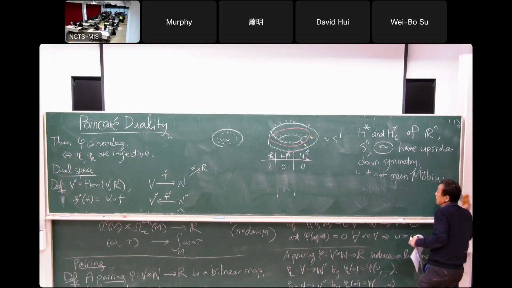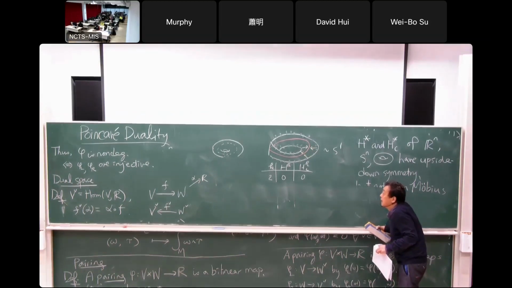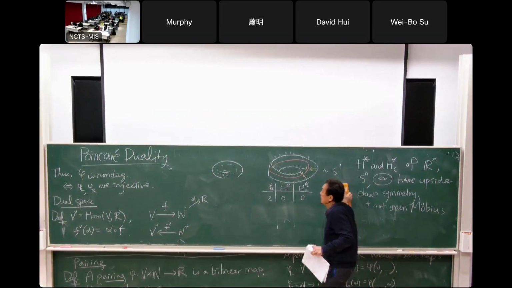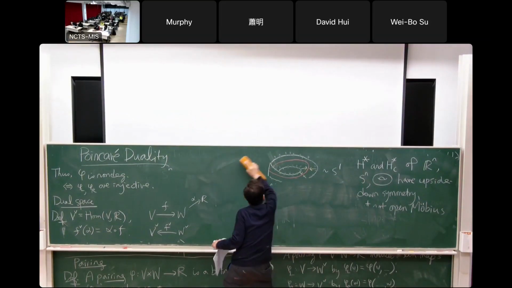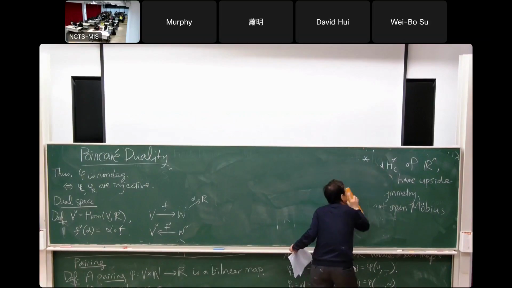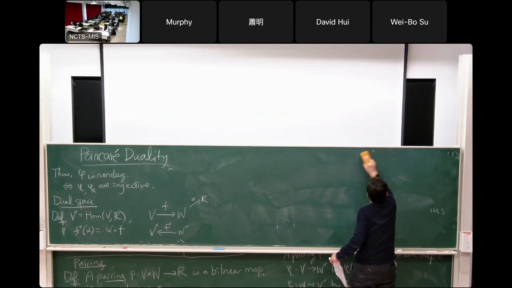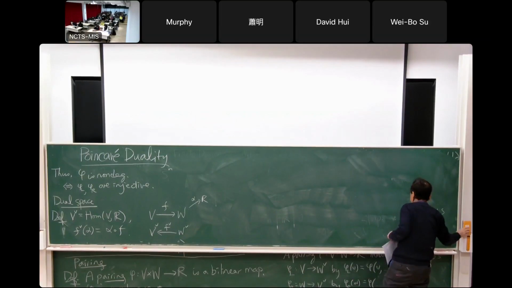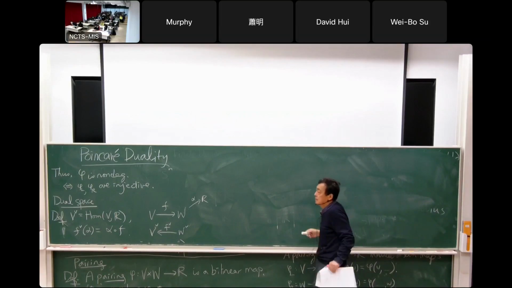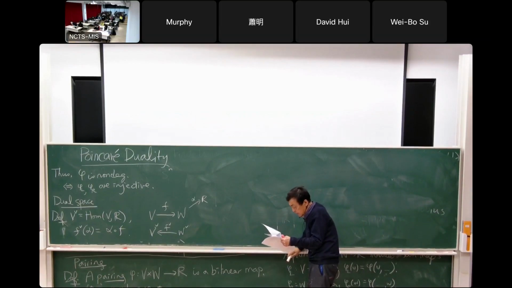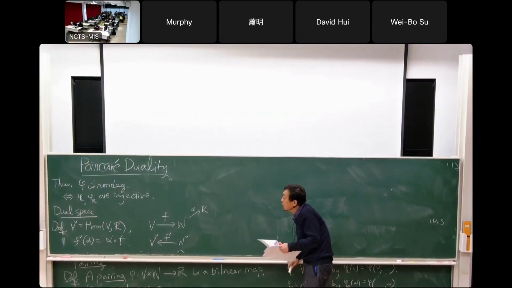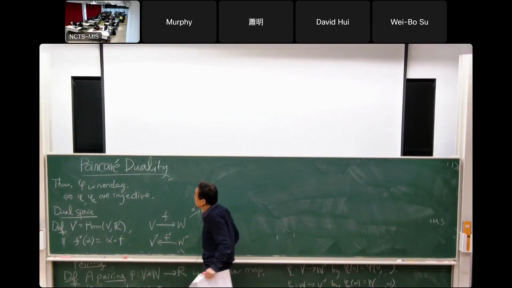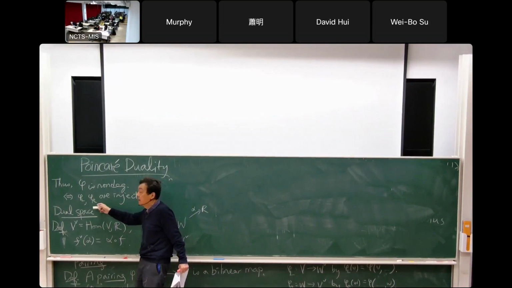And then we have this theorem. We know that a pairing is non-degenerate if and only if these two maps are injective.